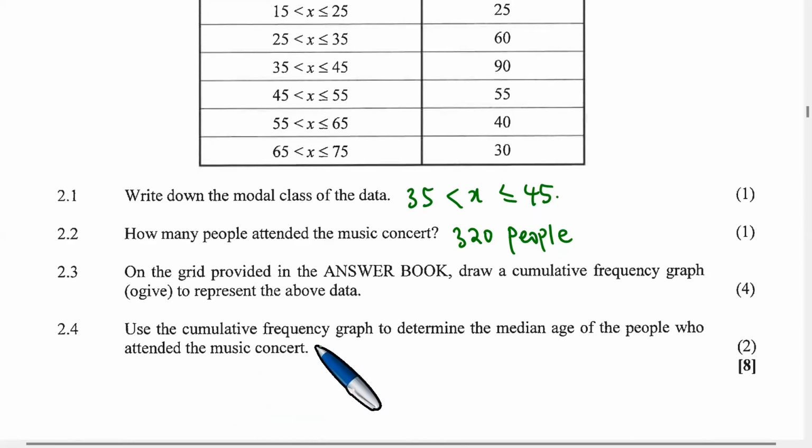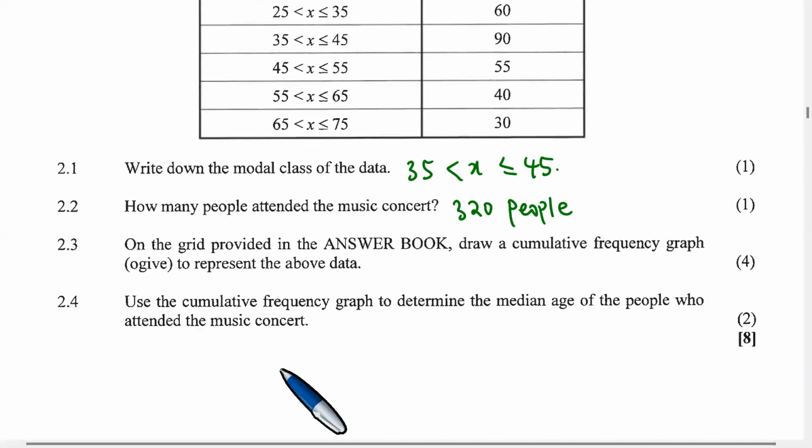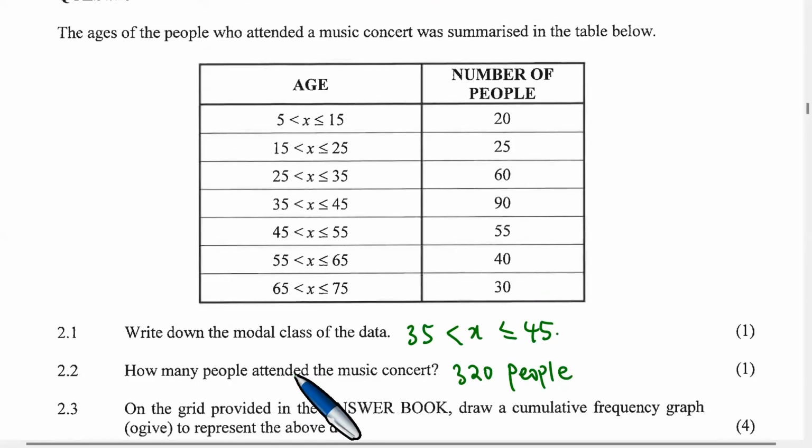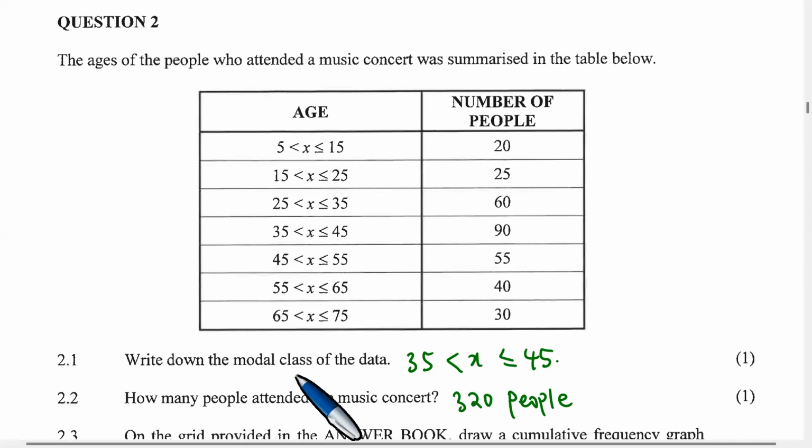Use the cumulative frequency graph to determine the median age of the people who attended the music concert, for 2 marks. I'm just going to do the cumulative here. So to draw an ogive, you need to have the cumulative frequency.